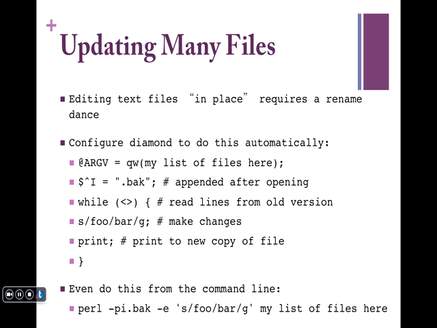So this is -p, a print while loop that I'm gonna execute now on what? On the files listed at the end of that argument. So in this case, I have at the end of this argument my list of files here. So it's gonna create a loop to print, and that loop will take the input from my, and first of all, we'll make a copy of my and put it in .bak. So we'll create my.bak.